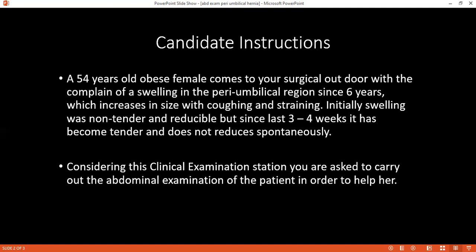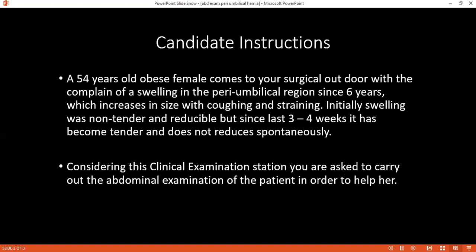Yes, ma'am. Before the surgery, I would like her to reduce her weight, at least to become overweight, or if she can get to normal weight, to be better. That reduces the risk of recurrence, makes the surgery easier, and reduces the chances of infection.